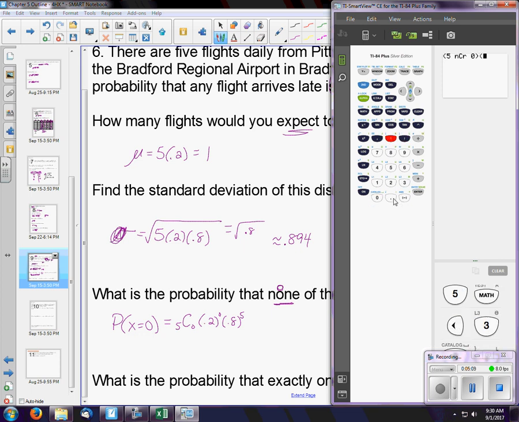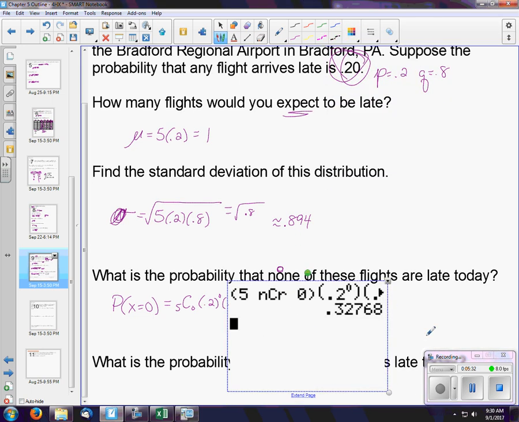Then you have 0.2 to the 0 power and 0.8 to the 5 minus 0, which is what gave us 5 here. This would be probably the most efficient way to go about it, is typing it in all at once. Then you don't have to worry about any crazy decimals or rounding, etc.